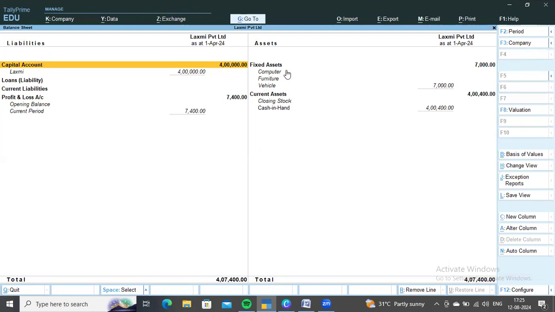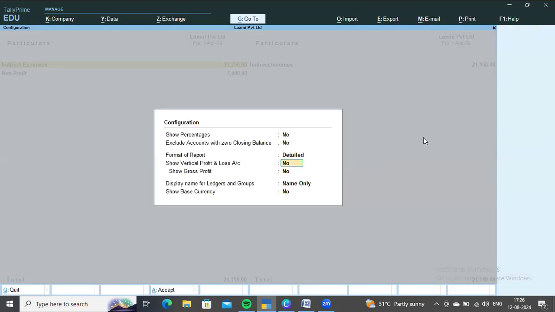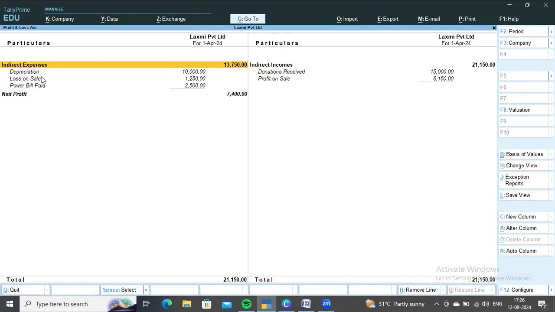I had already shown to you. And the loss on furniture shall reflect on debit side of profit and loss account. And cash in hand. Here, see. Yes, loss on sale on furniture and profit on sale related to computer.